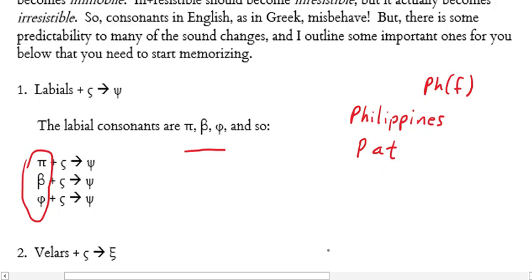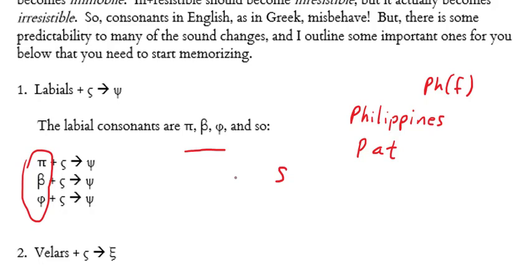I'm going to have some noun stems that end with a labial, and in the nominative singular, what am I going to add? An S, and then it's going to become a psi, and I won't know what the real stem is, but where will I always go to find it? Go to the genitive singular, and that true labial will show up there. Drop the os, and you've got it.